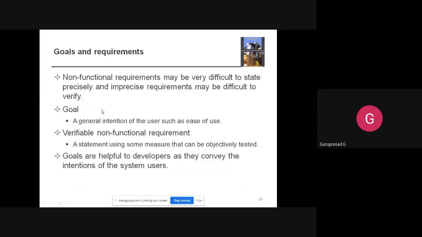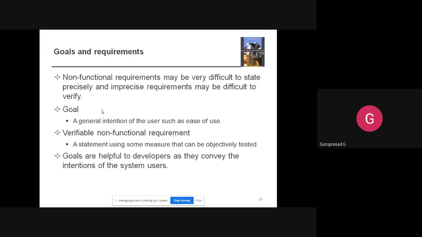The non-functional requirements may be very difficult to state precisely, and imprecise requirements may be difficult to verify. Generally the goal is the general intention of the user, and we need verifiable non-functional requirements. That means it should be possible to measure, with goals stated using some measure.